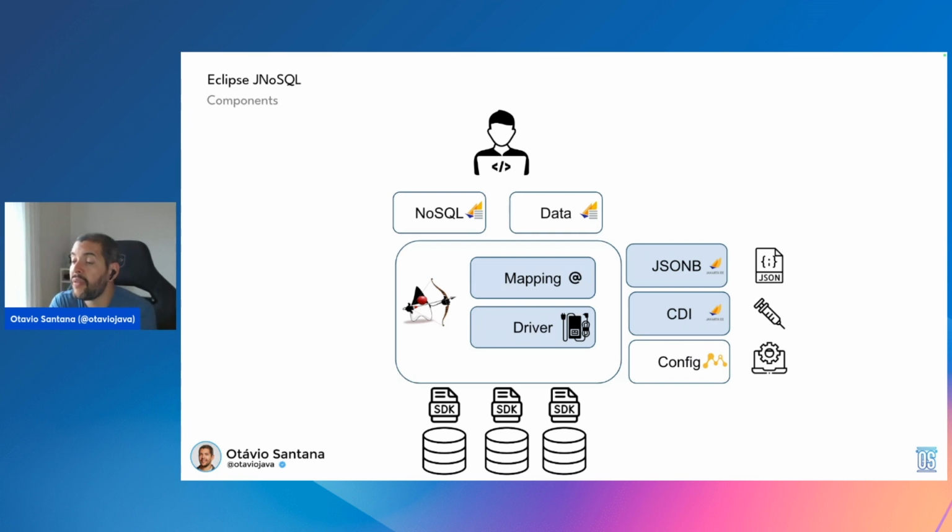To handle configuration, we do have Eclipse MicroProfile. In Eclipse JNoSQL itself, we do have the mapping and the driver, where this driver works like an adapter to communicate with the specific driver of the vendor. So as a vendor, we don't need to recreate any new driver. You can use your own driver with this adapter to make everything work.